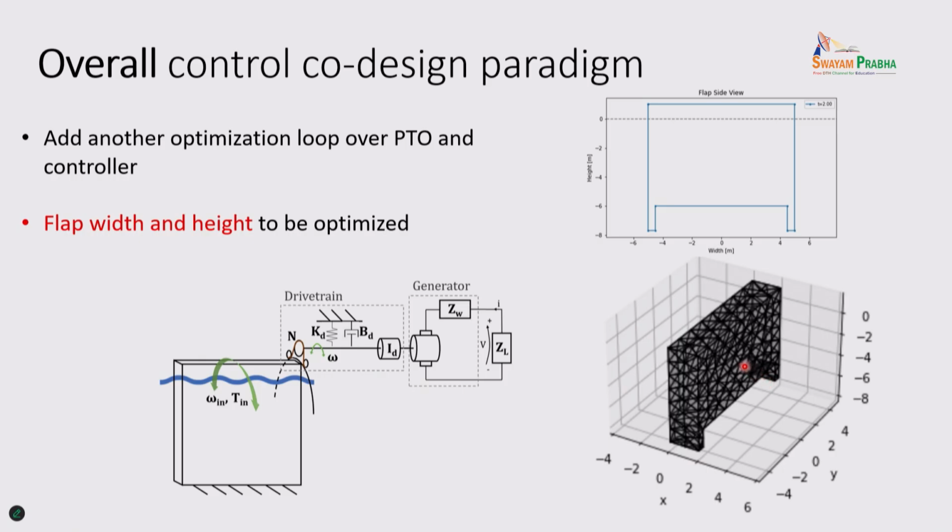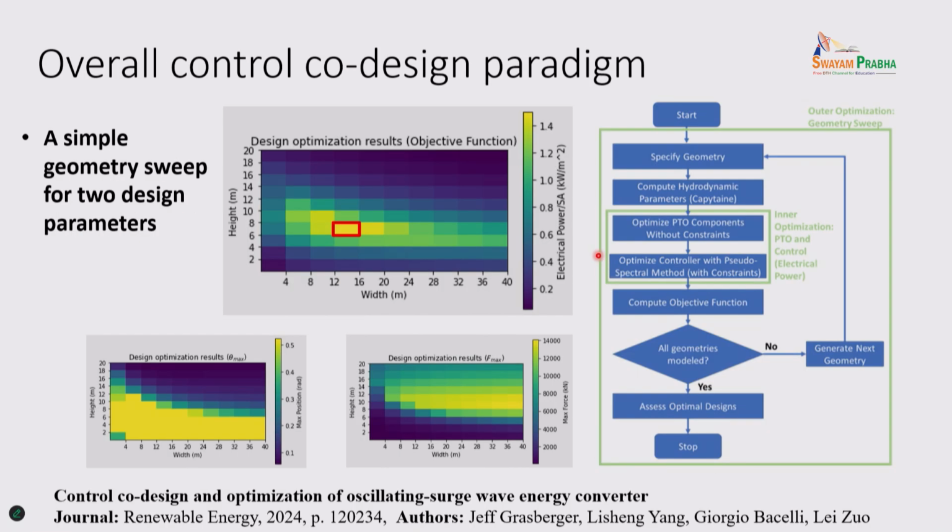So we can also do further optimization, in which we consider the geometry design. For example, in this one, we consider the flap's width and height in the system. And in this one, we take a two-loop design. In the first loop we design the PTO's rotation inertia, PTO's damping, and electrical gear ratio, considering coupling coefficients and the transmission ratio.